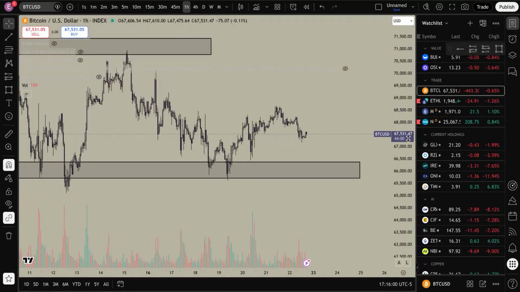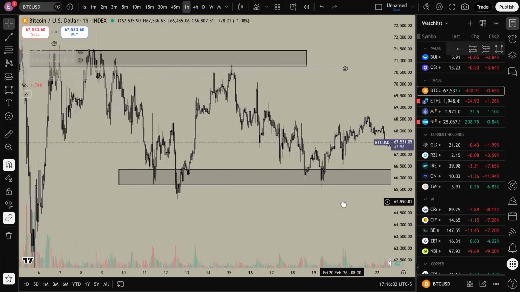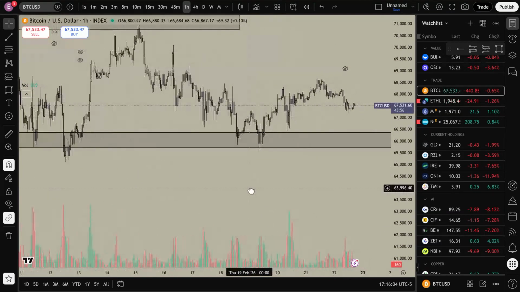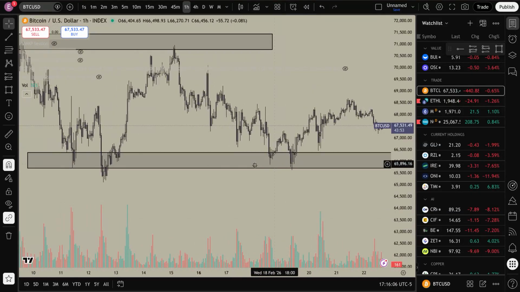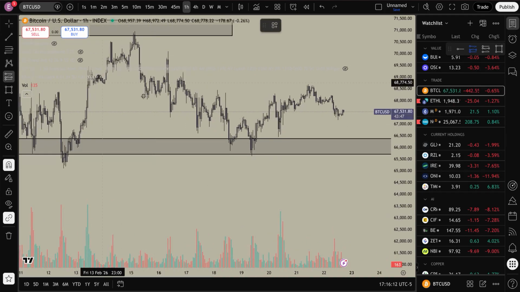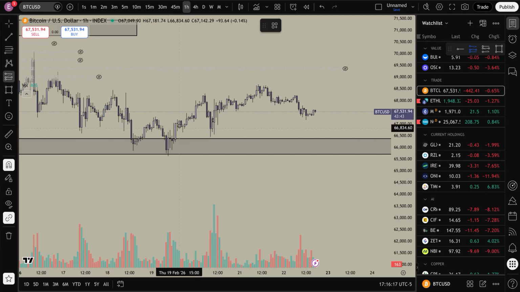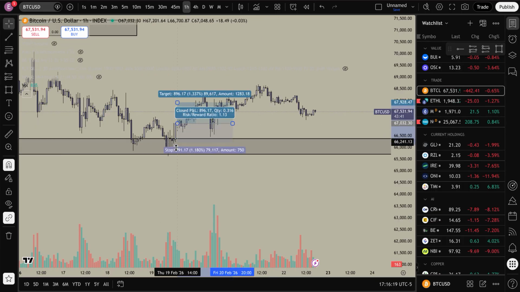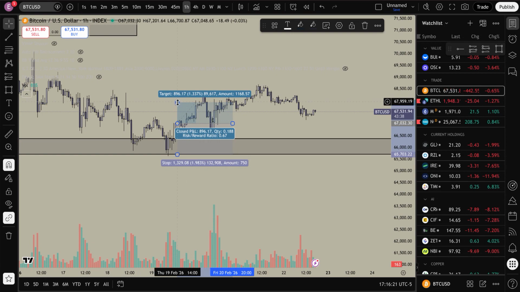As you can see on Bitcoin, basically, we come down into this level of support. As you can see, bounce, bounce, bounce, bounce. And then what will we do? We would maybe take a long after probably this big candle up, set our stop loss below here.